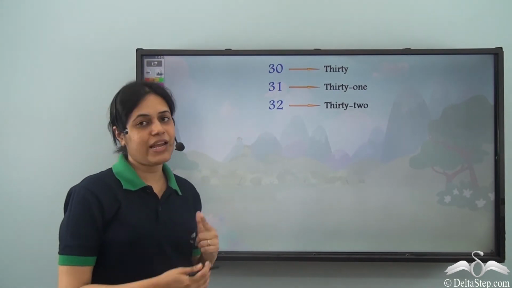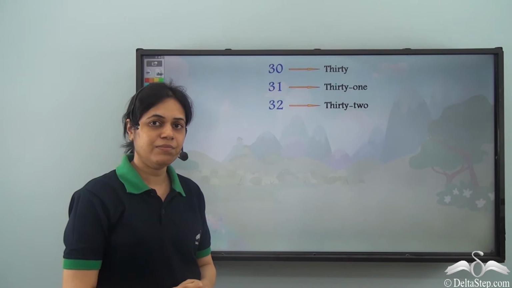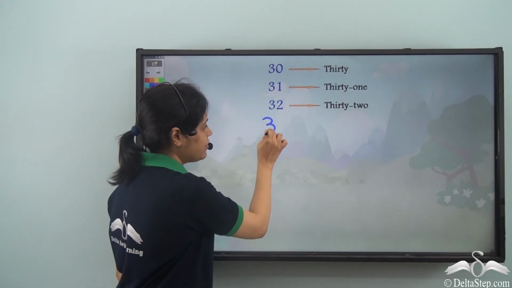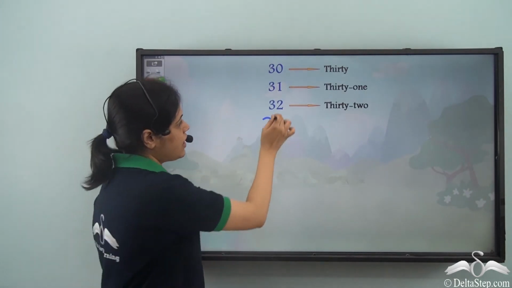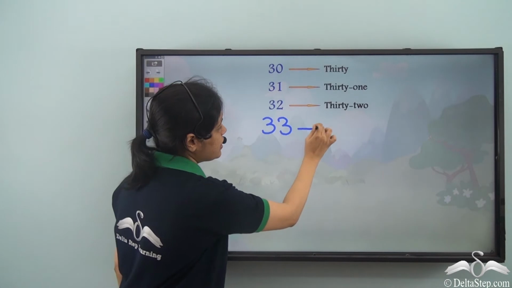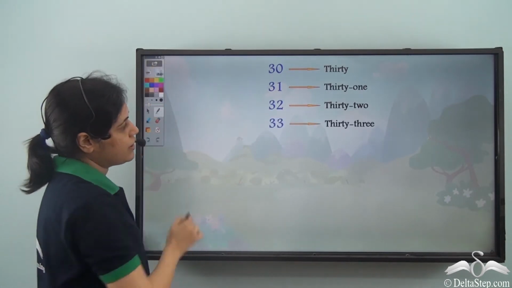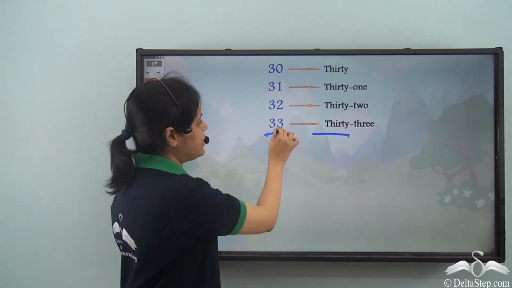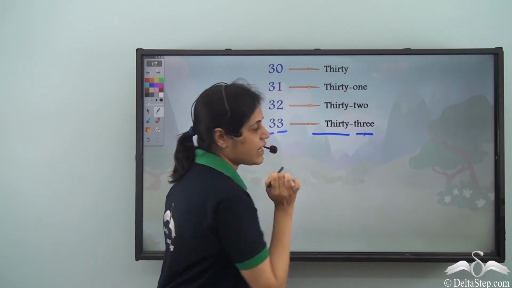Now can you guess the next number and its number name? Well, 3 will remain in the first place, and after 2 comes 3, and the number name will be thirty from the first part and three from the second part.